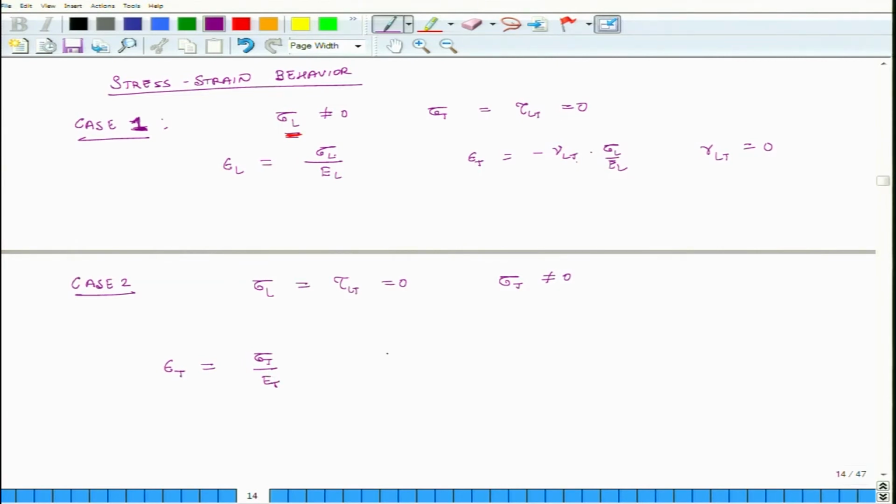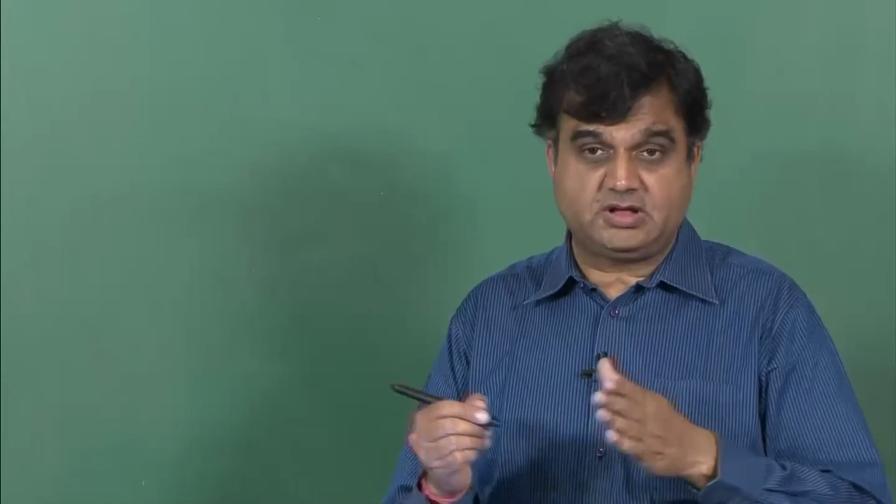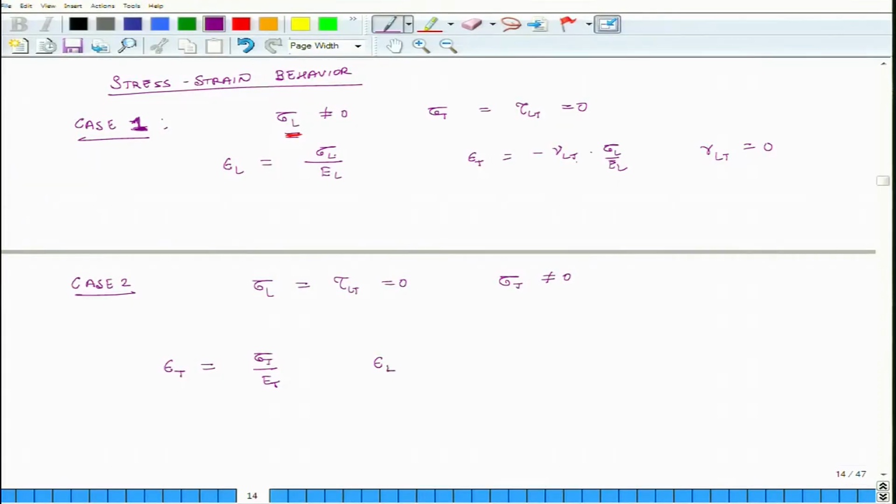and as this thing becomes longer in the transverse direction, it will also become narrower in the longitudinal direction because of Poisson's effect. So, epsilon L is equal to minus mu TL times epsilon T, but epsilon T is what?